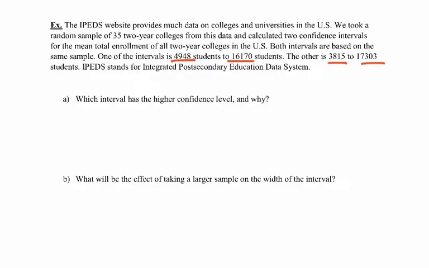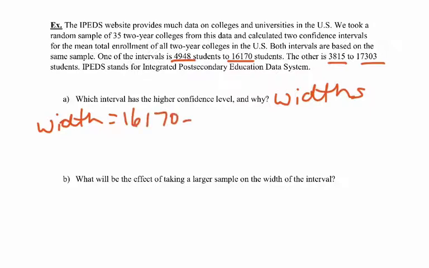So the easiest way to figure it out is to look at the widths, because remember, higher confidence means you've got a larger width. So let's look at the widths. For the first one, 16,170 take away 4948, I'm getting a width of 11,222.